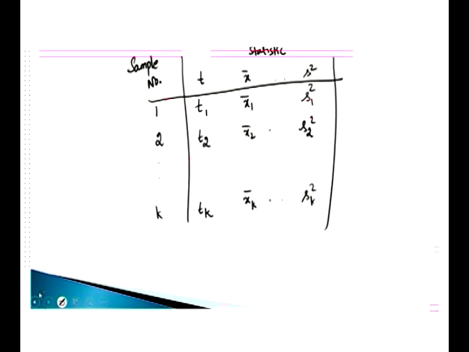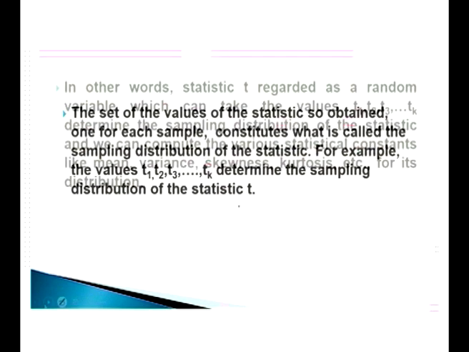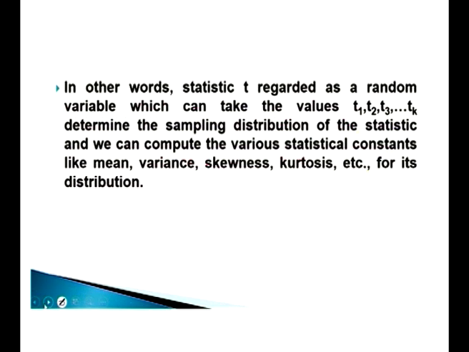For example, the values T1, T2, etc. up to Tk determine the sampling distribution of the statistic T. In other words, statistic T is regarded as a random variable which can take the values T1, T2, T3, etc. up to Tk.